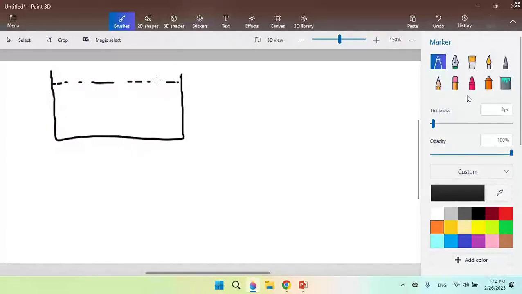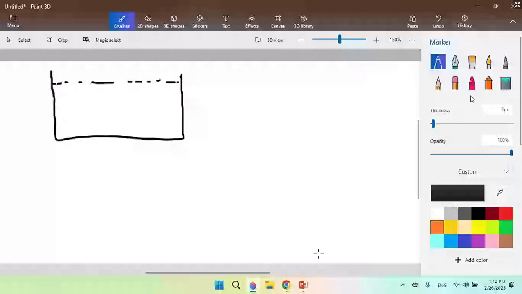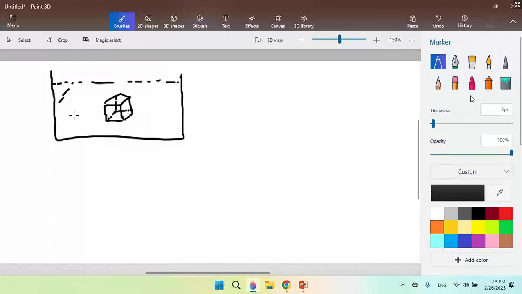Let me try to see if I change the screens now. Just wait a bit. And while waiting, I'm going to take a cube, since it has a regular shape, and let me consider it being submerged in that liquid.